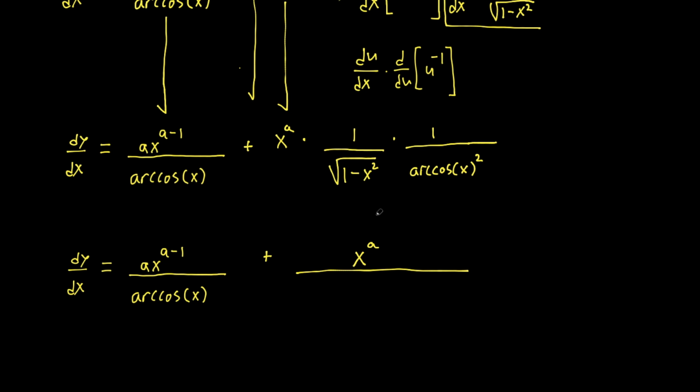And then I think it'll look neater if we write, we're going to multiply these denominators, and I think it'll look neater if we put the arc cosine in front. So let's say arc cosine of x squared times the square root of 1 minus x squared. And I don't think there's anything else that's going to be a nice trivial simplification, so let's leave it at that. We are done.